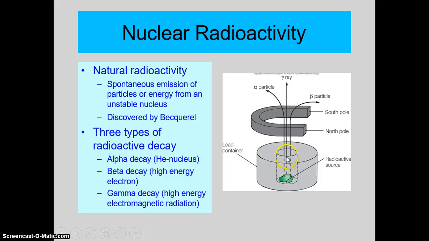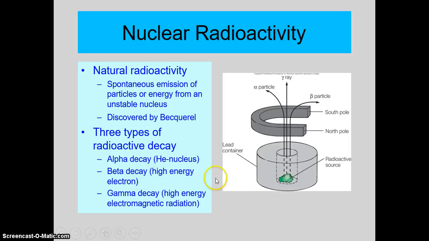The beta particle is actually an electron, a high energy electron, but it's not an electron surrounding the nucleus of this radioactive material. That's not what it is. It's an electron that has come from the nucleus of the atom. And see, that's where the change takes place.